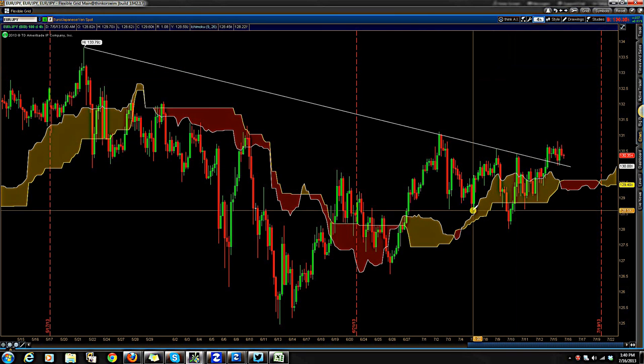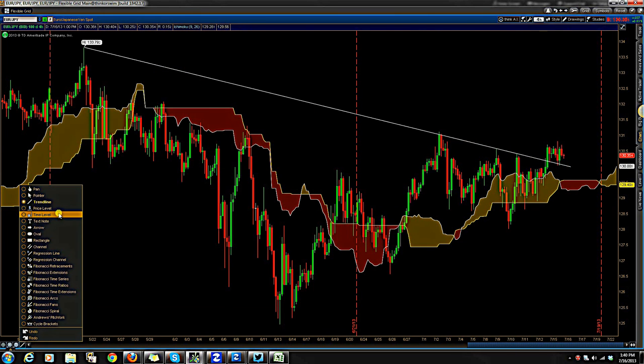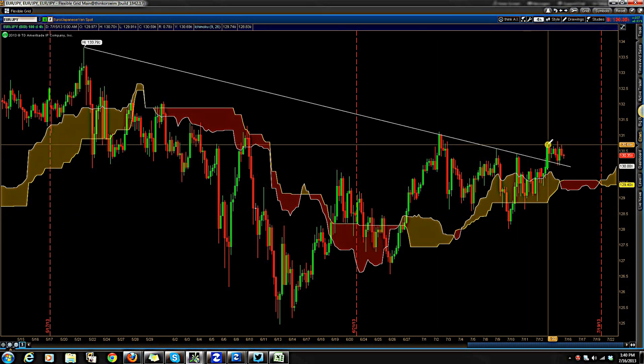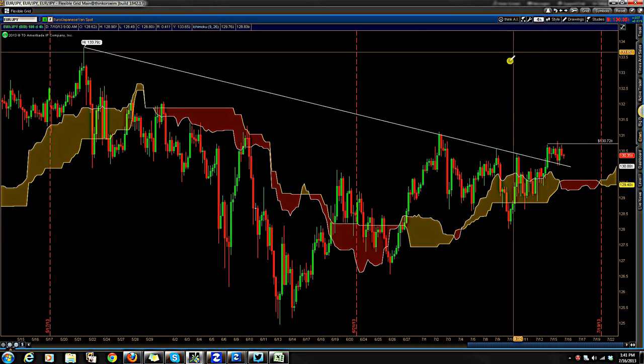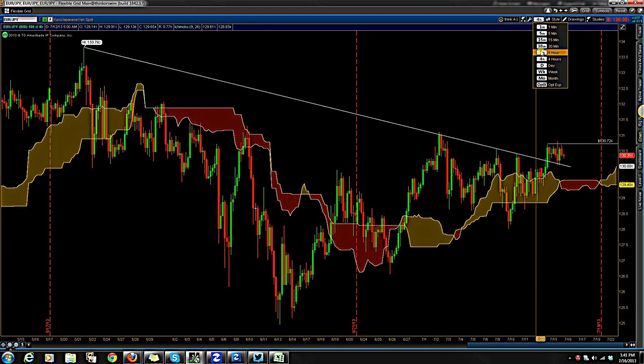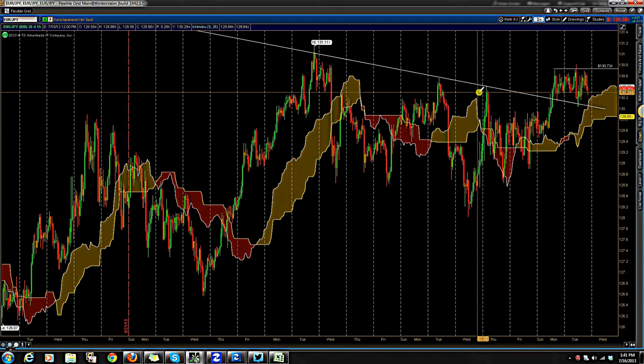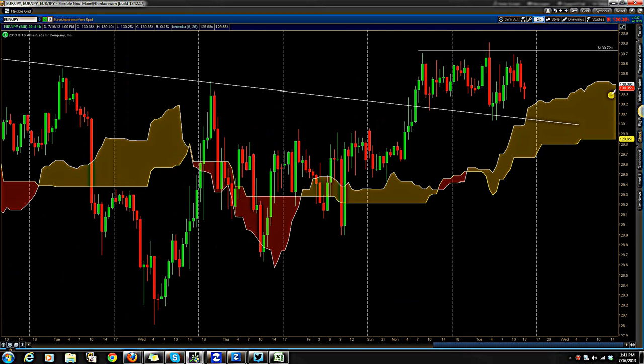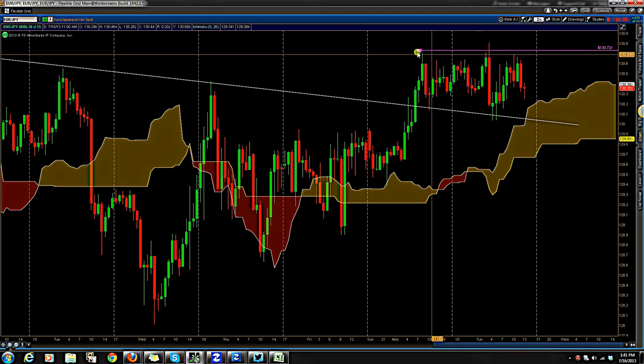One thing I'm watching for, if you have not seen this already, is that price is really finding a hard time breaking above that 130.72 level, really failing to break above it.